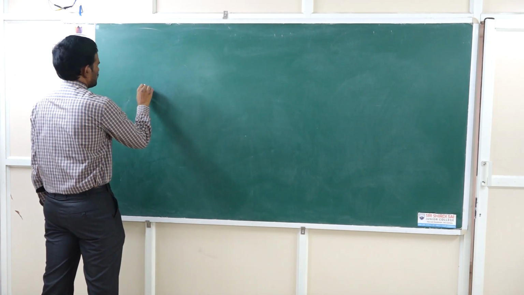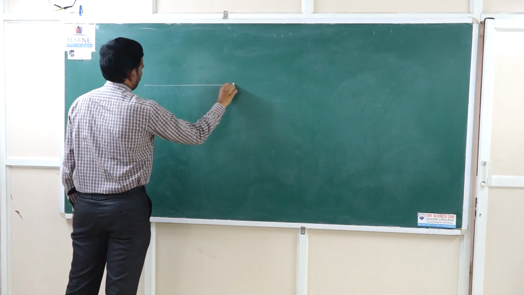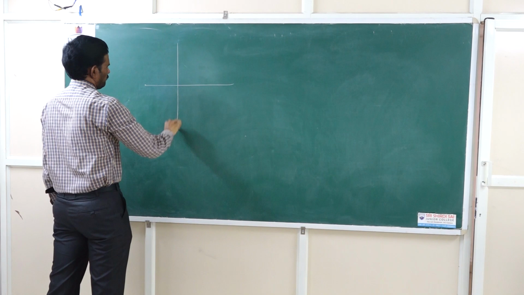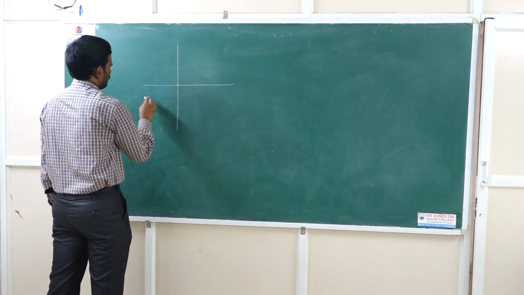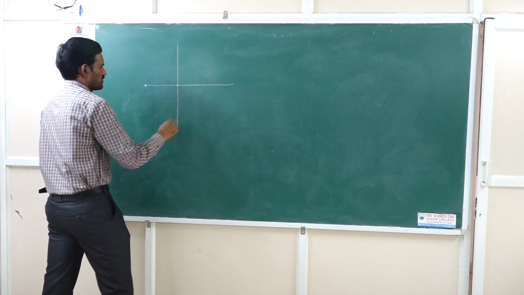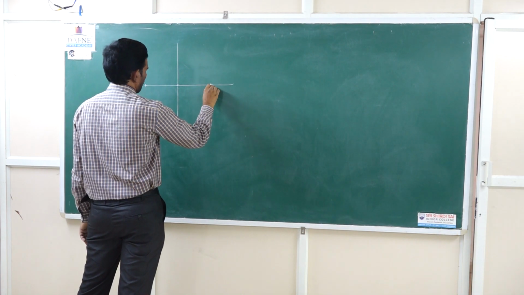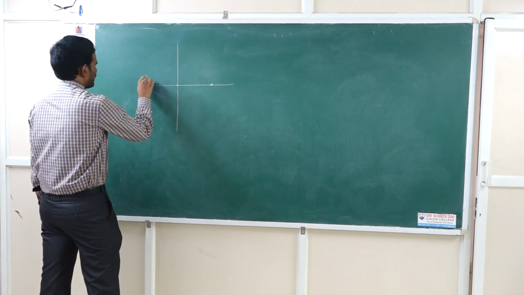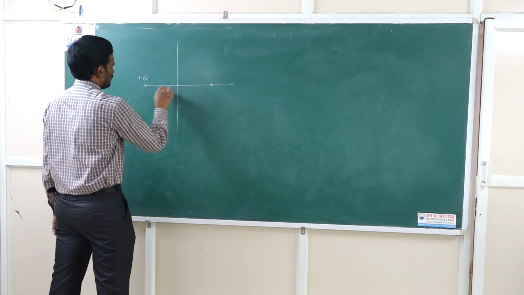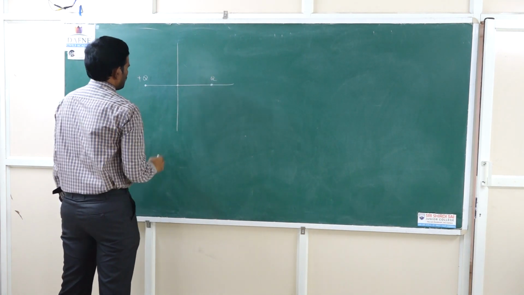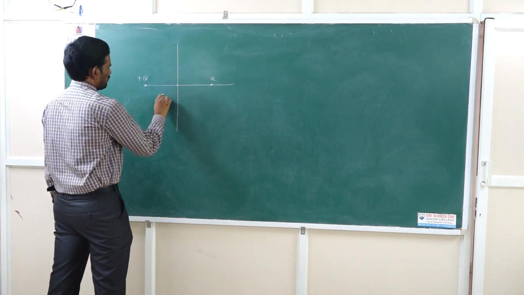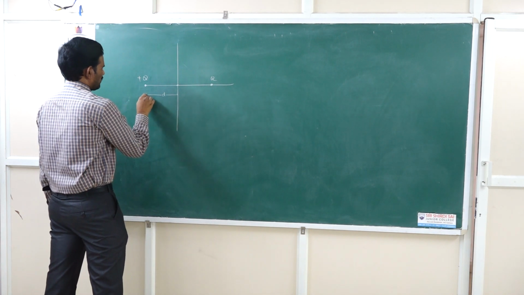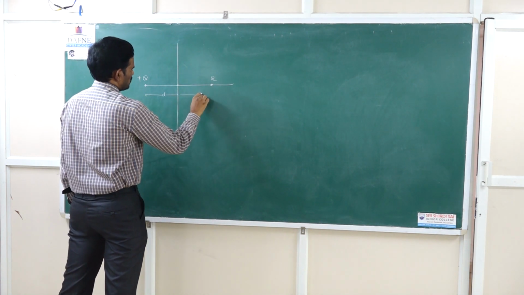So, let us consider this. This is our origin. One charge is here, another charge is here. Both like charges I am taking here. This is plus q and this is also plus q. Say both are separated by a distance of 2d, so that this distance is equal to d and this distance is also d.